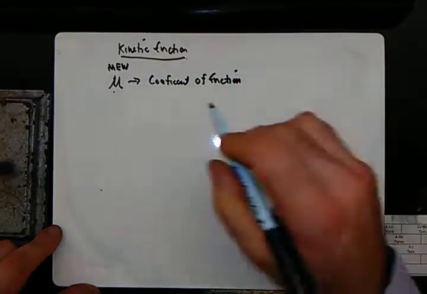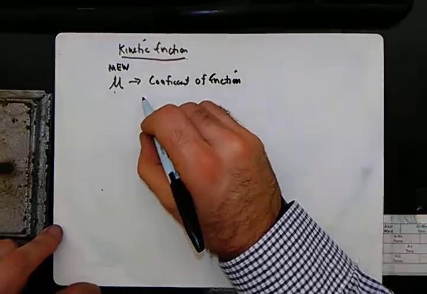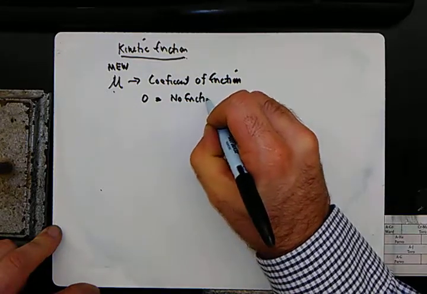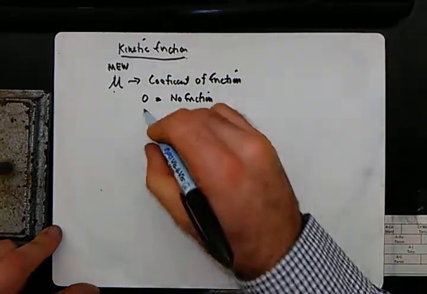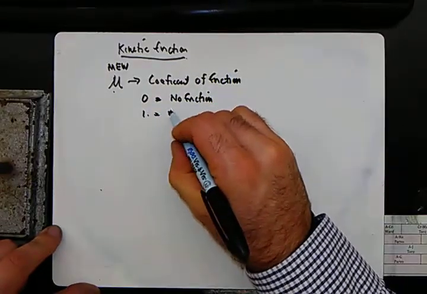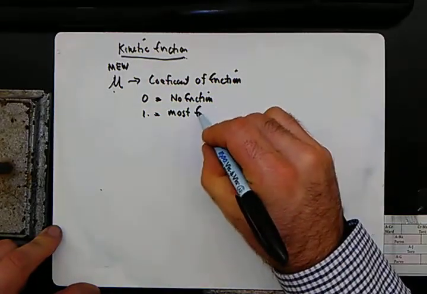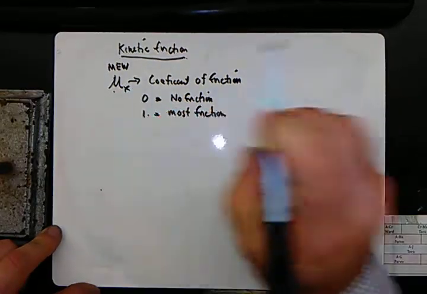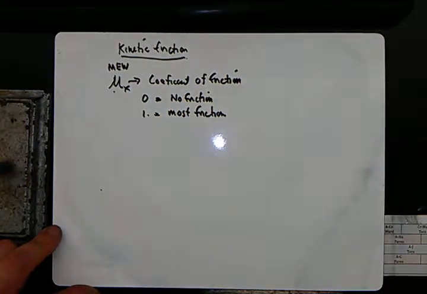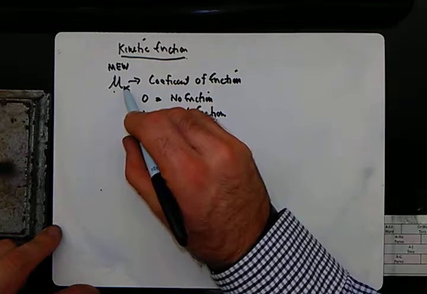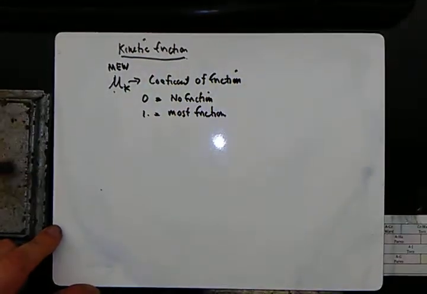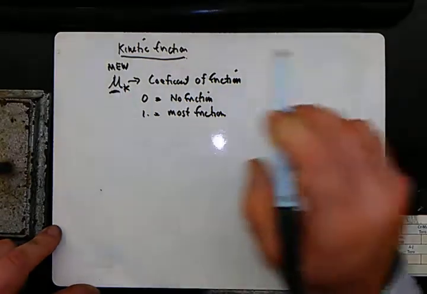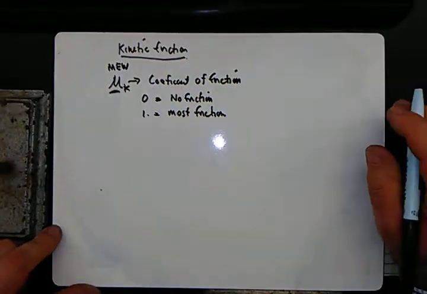Generally, 0 is no friction, which is a hypothetical situation, and 1 is the most friction. I can put a sub k on there to show that it's kinetic friction. This is just a number, no units are attached to it. We call it mu.